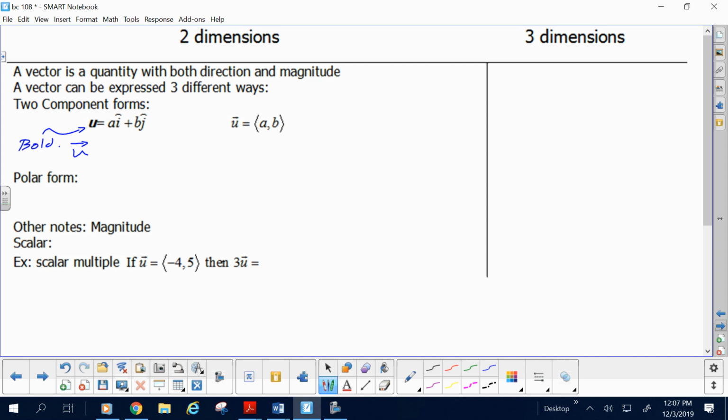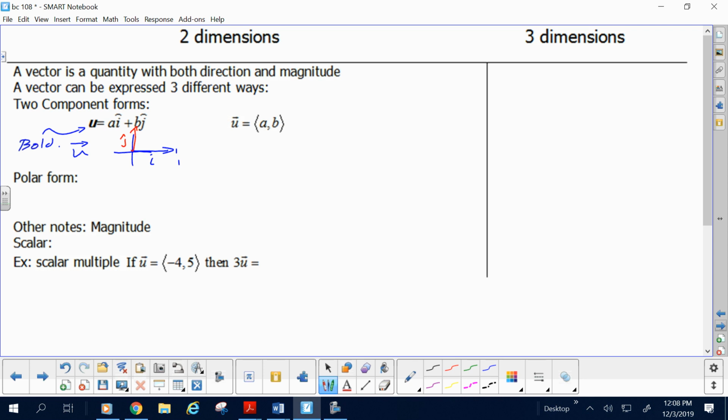You often talk about i hat plus j hat, where i hat is the unit vector of one unit in the horizontal direction, and j hat is a vector of one unit in the vertical direction. If you then multiply those by an a or b, those are called scalars, then that stretches the vector to some other length besides one. You with me?